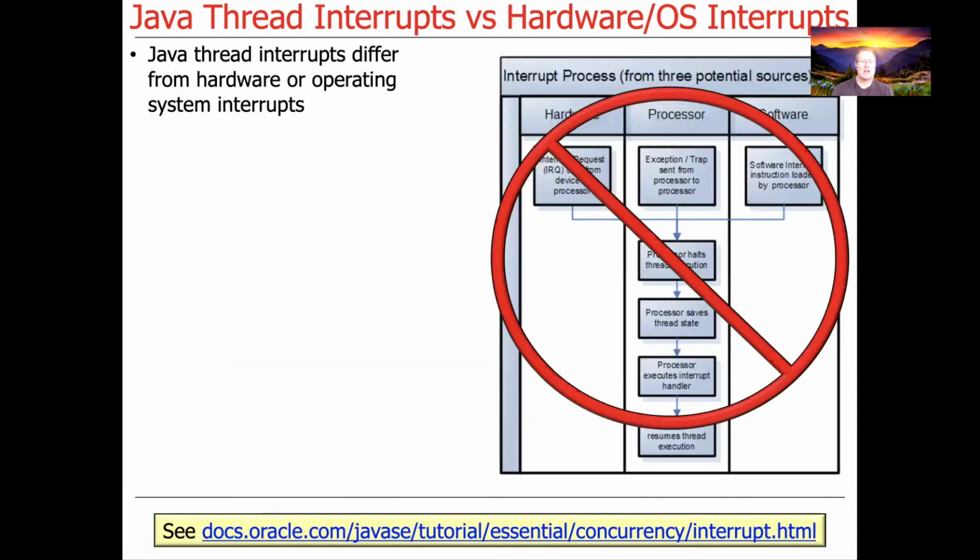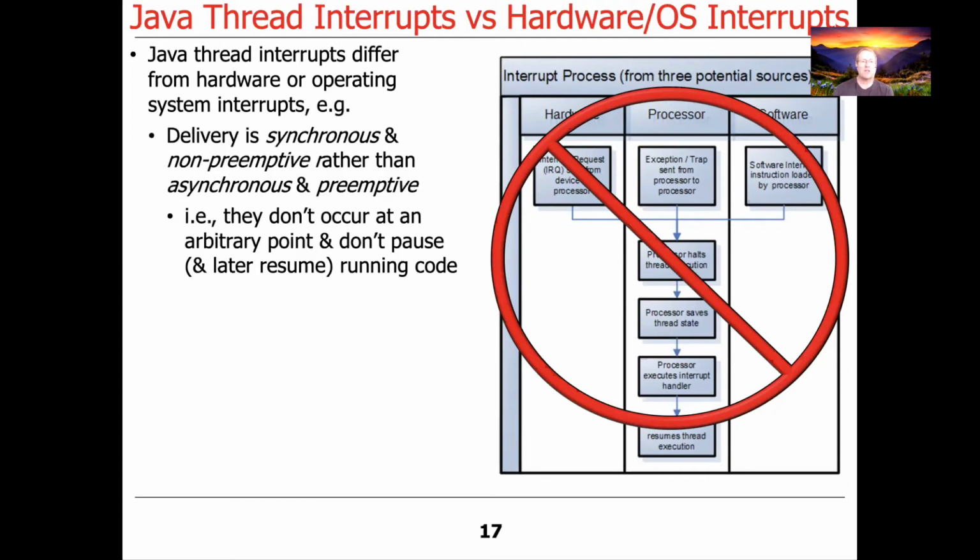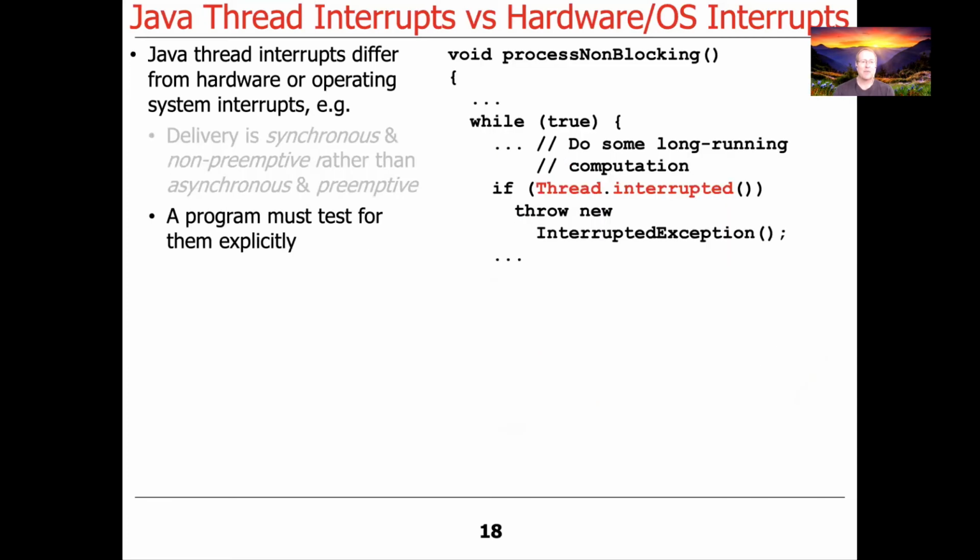In contrast to operating system and hardware interrupts, Java thread interrupts differ in a couple of key ways. First and foremost, delivery is synchronous and non-preemptive rather than asynchronous and preemptive. In particular, what that means is that these interrupts don't occur at some arbitrary point, and they don't pause and later resume the running code transparently. All that has to be done voluntarily.